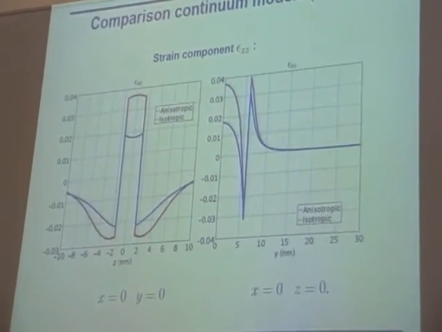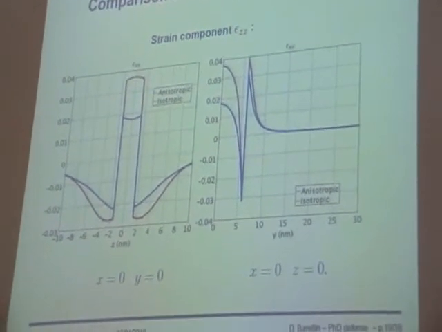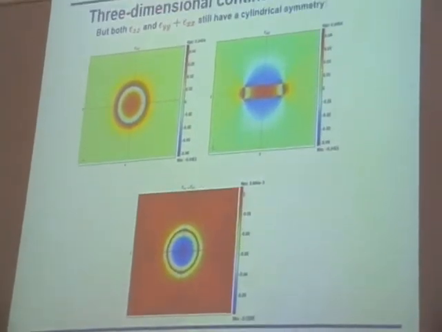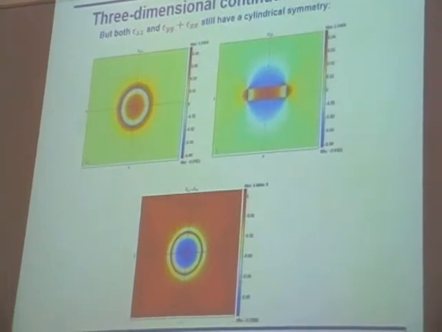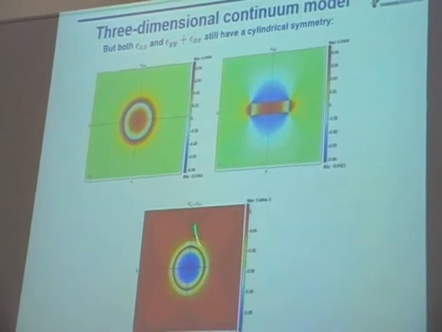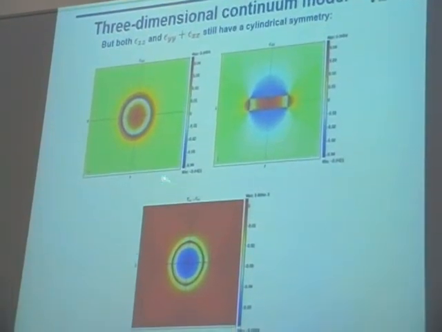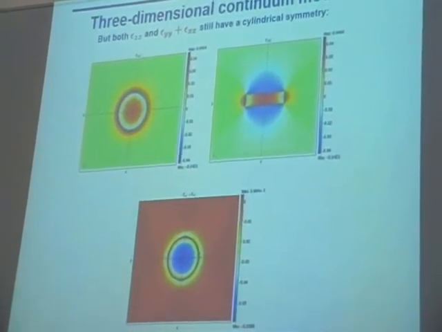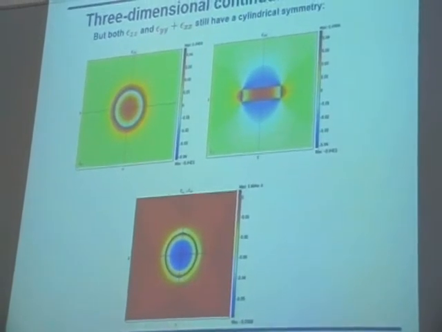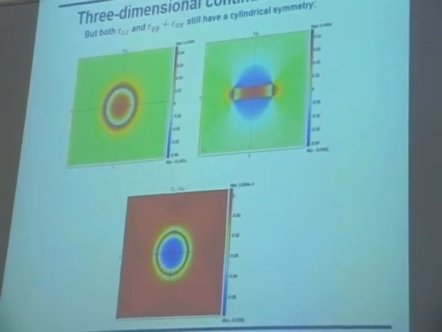But if we have a look at the strain field given by the three-dimensional model, the real anisotropic one, we can still see that there is a sort of cylindrical symmetry, even if there is some anisotropic effect that we can, for example, see here. So maybe that was not the right assumption, because there are different ways to satisfy it.